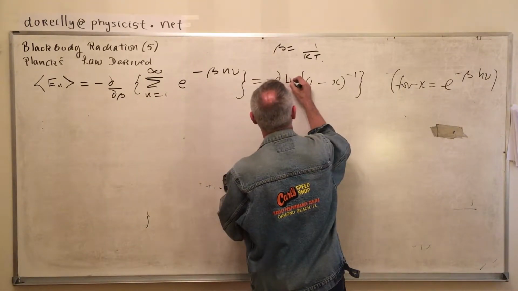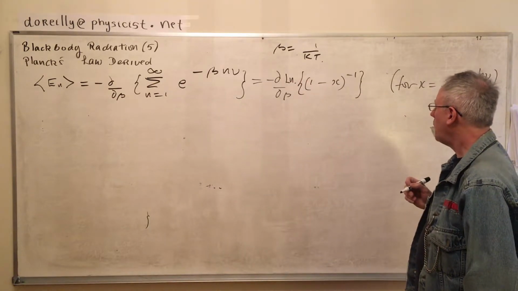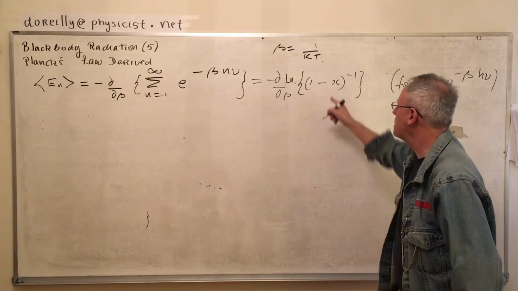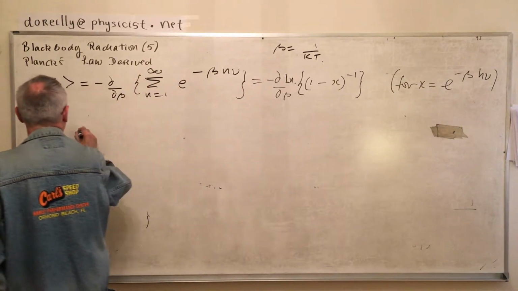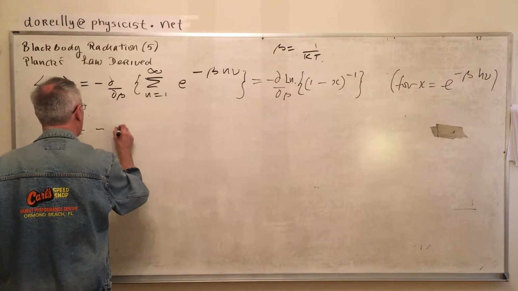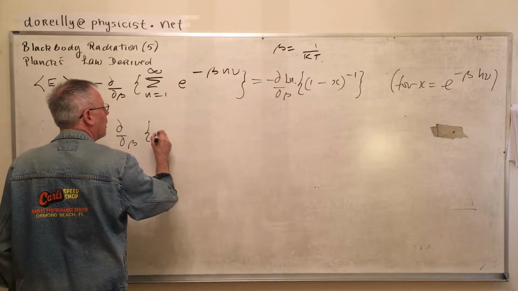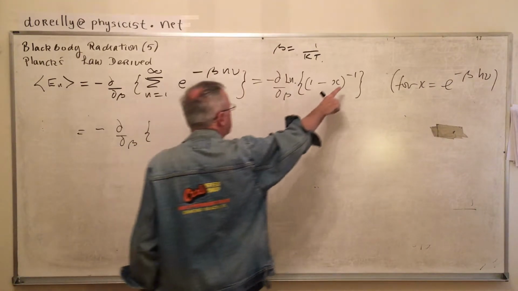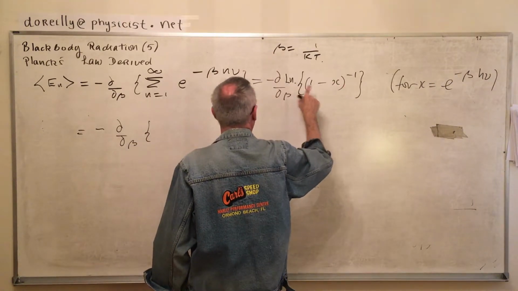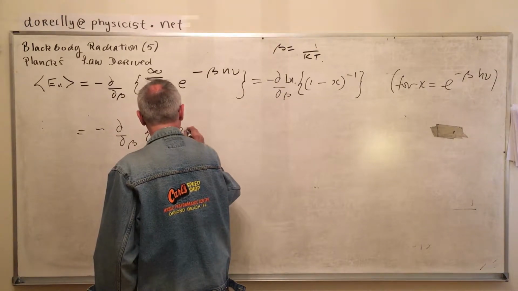Sorry, this is a log in here. Right. So now we take the log of this guy here. Now with the minus sign here, we get a log with a minus sign.